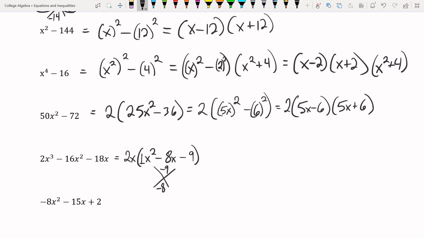And B goes on the bottom. What two numbers multiply to give the top and add to give the bottom? Multiply to give the top, add to give the bottom. We have -9, +1. -9 times 1 is -9. -9 plus 1 is -8.